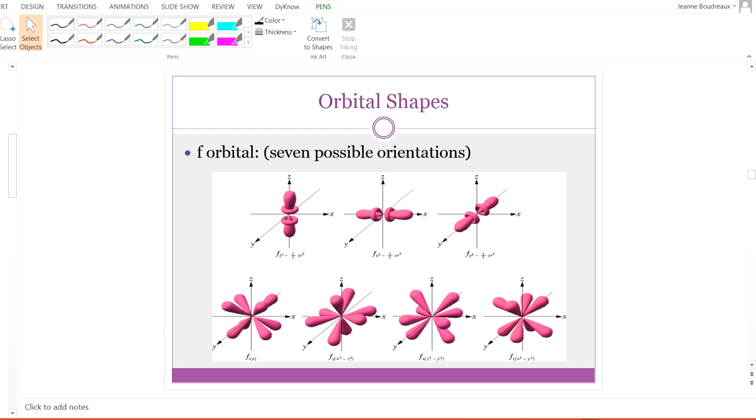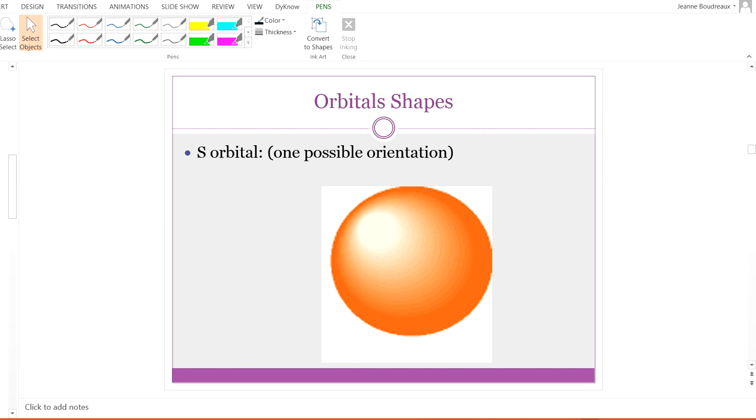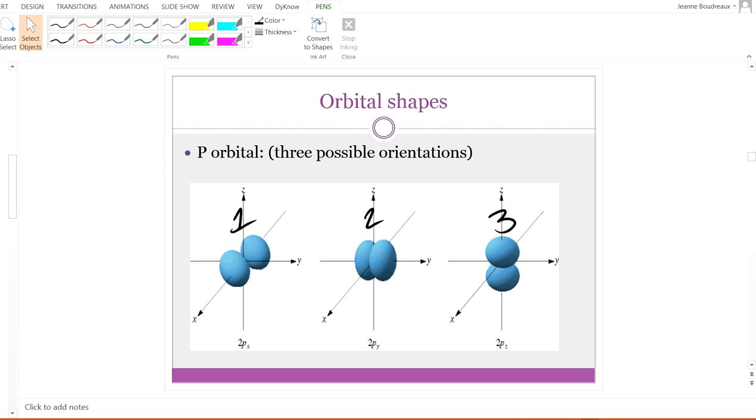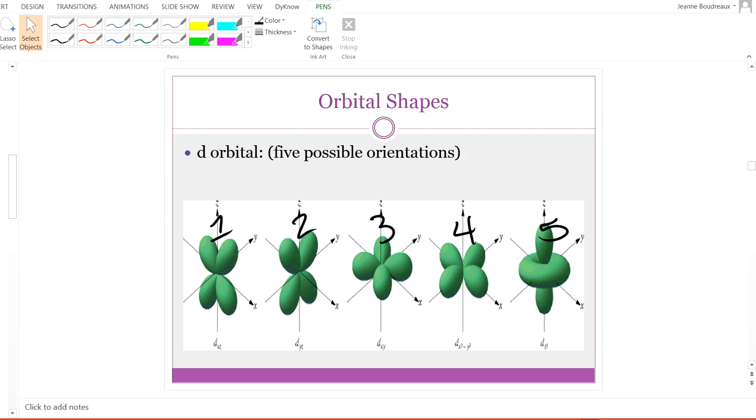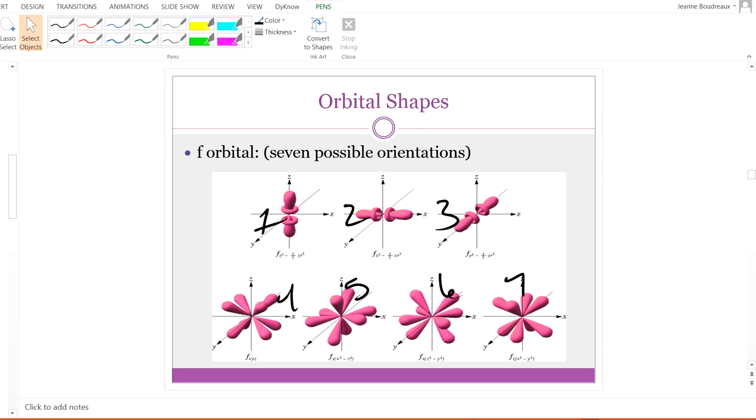This is our flower-shaped orbital, and it has 7 possible orientations. 1, 2, 3, 4, 5, 6, and 7. So if we take a look, S has 1 orientation, P has 3 orientations, D has 5 orientations, and F has 7 orientations. S, P, D, and F: 1, 3, 5, and 7.